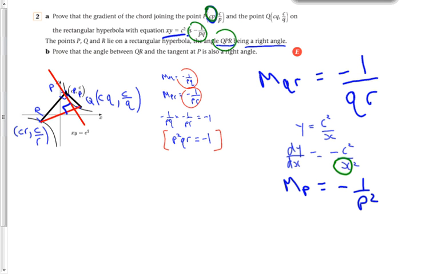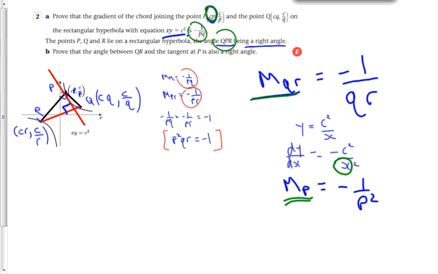Now if I multiply the gradient of the chord QR with the gradient of the tangent at P, let's see what I get.